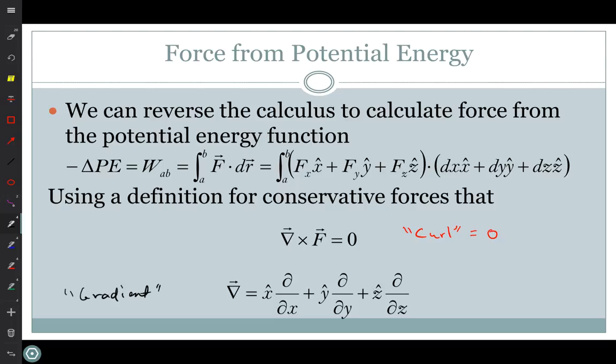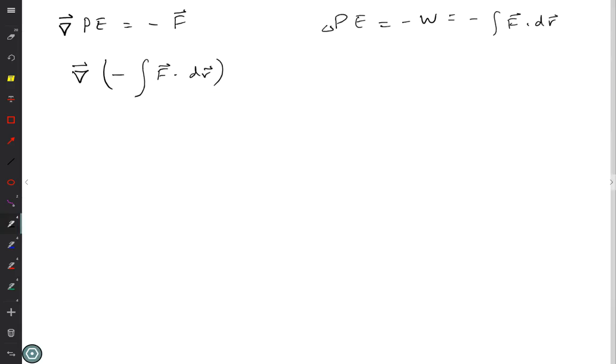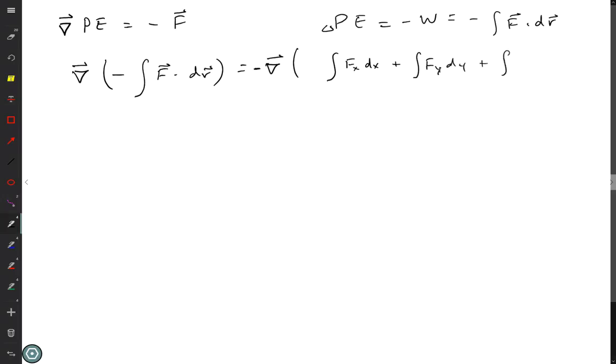Only the parallel parts are going to be non-zero. So if I do that dot product, I'm going to write them as three integrals. Integral of Fx dx plus integral of Fy dy plus the integral of Fz dz. Let me put the minus sign out here so I don't have my signs wrong.